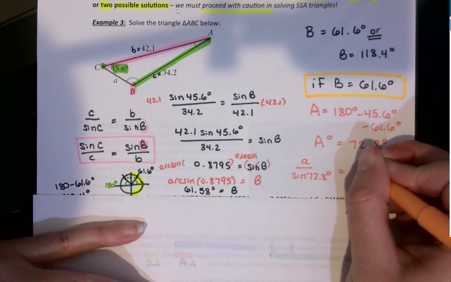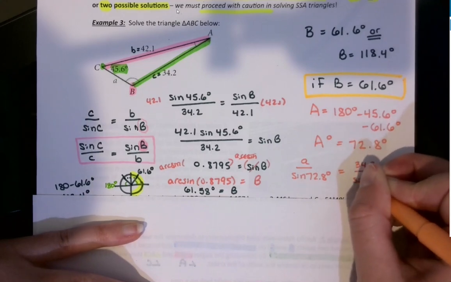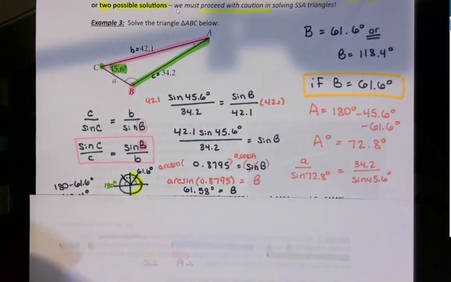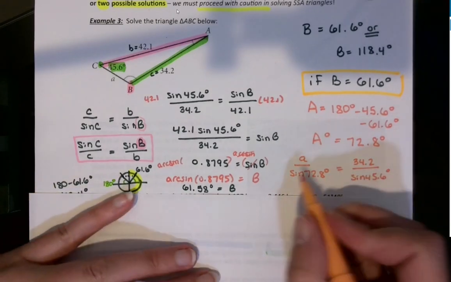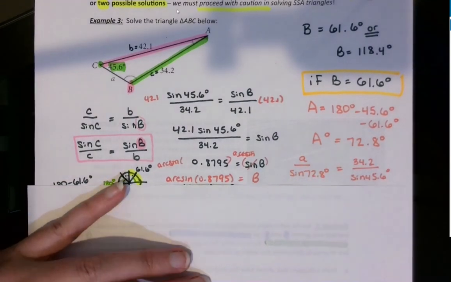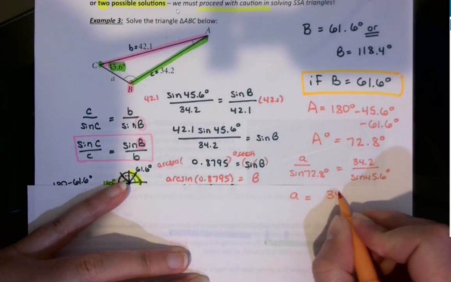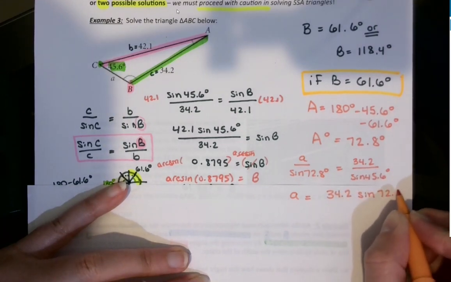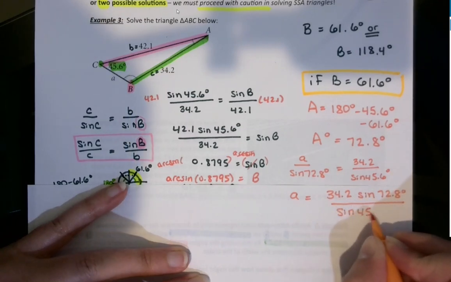So the C ratio, that's going to be 34.2 over the sine of 45.6 degrees. We know that in order to solve this, we're going to multiply the sine of the 72.8 over to the other side. I'm going to go ahead and start writing on my extra paper here. So A is going to be equal to the 34.2 times the sine of 72.8 degrees over the sine of 45.6 degrees.